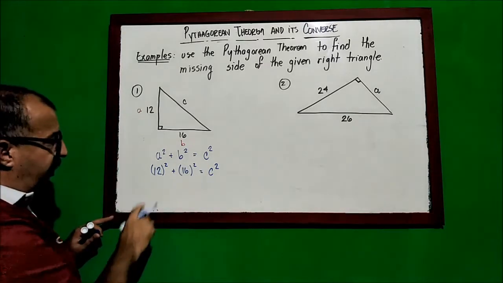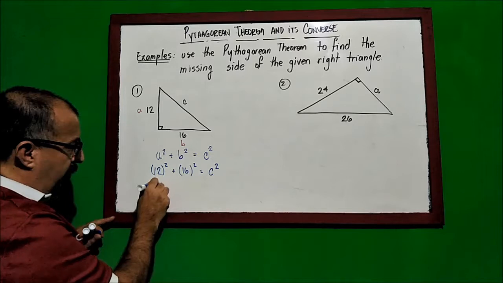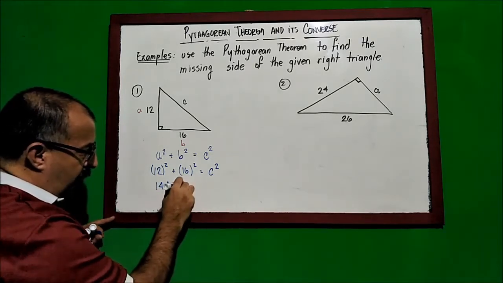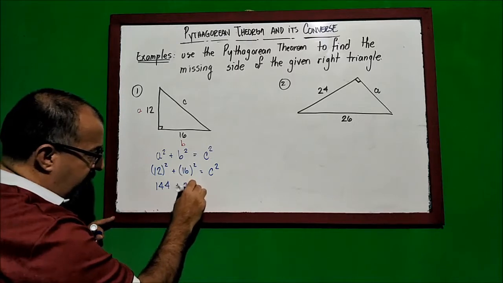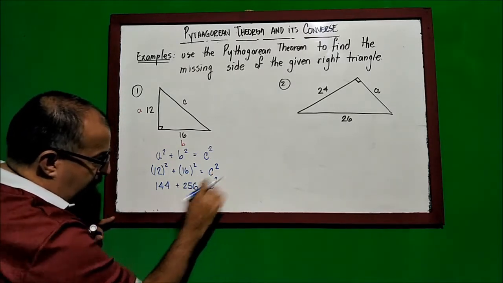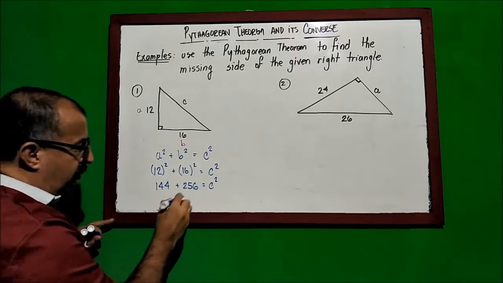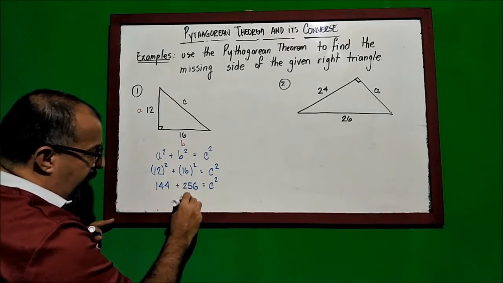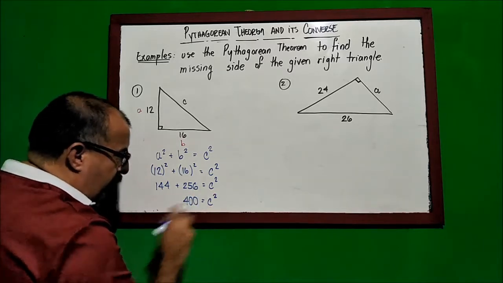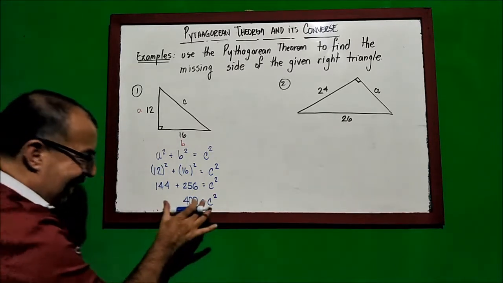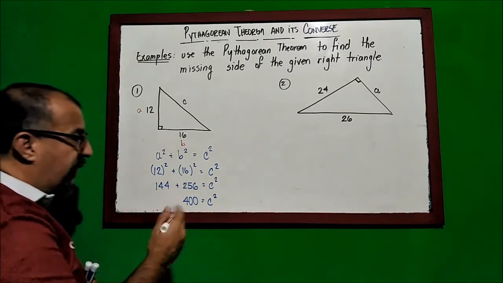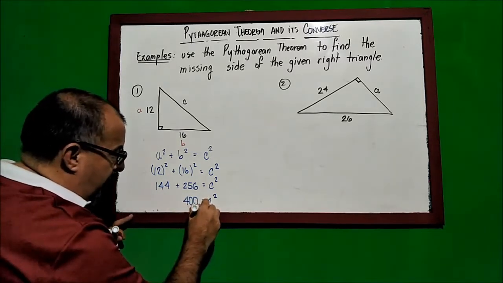So once we start solving, this becomes 144, this becomes 256, and C squared equals C squared. The addition of these two gives me 400 equal to C squared. Now, in here, if you remember, what we have is a quadratic equation that can be solved simply by applying the square root.